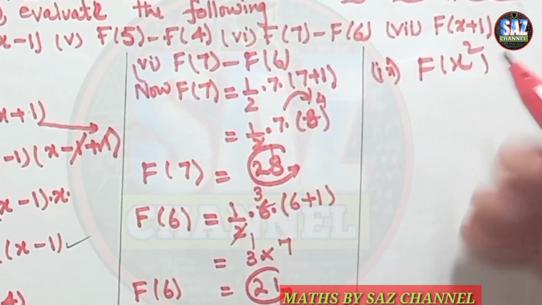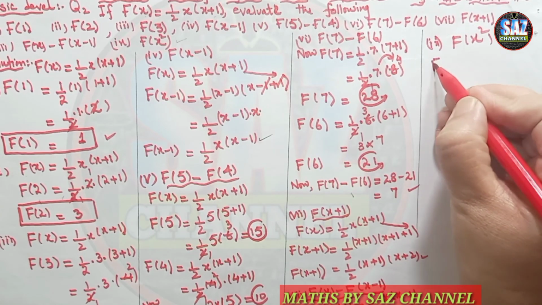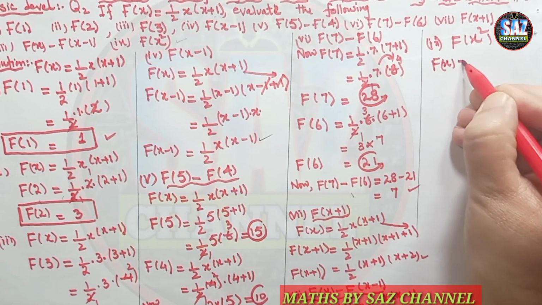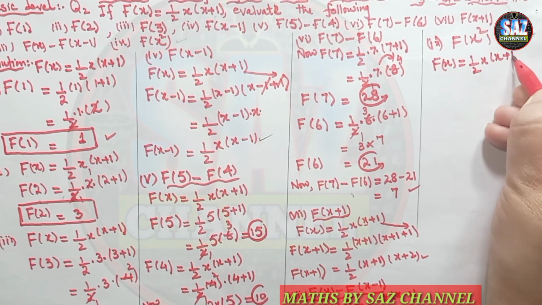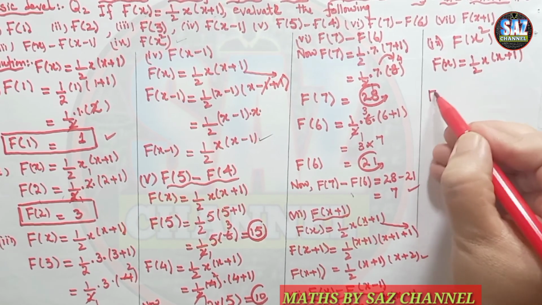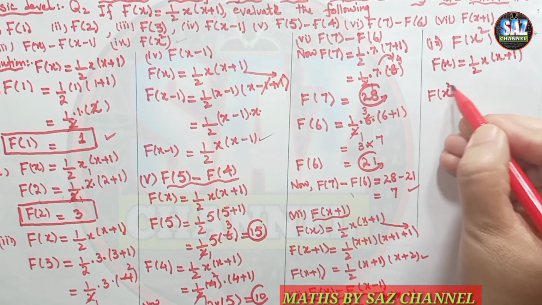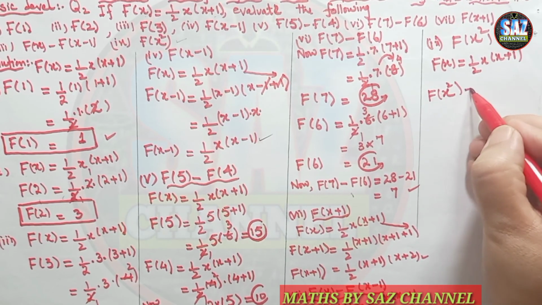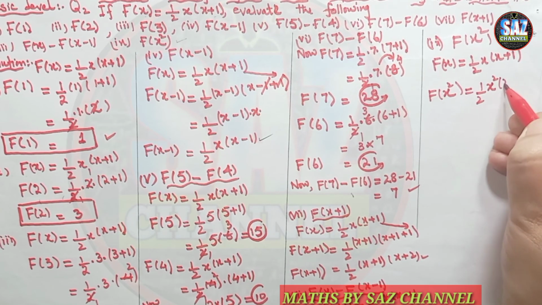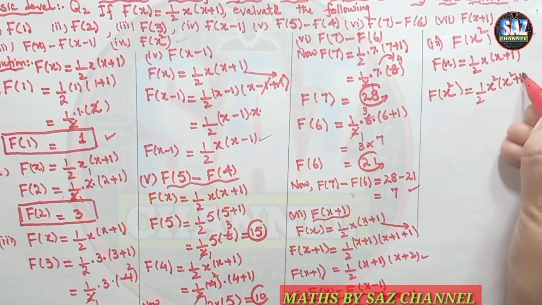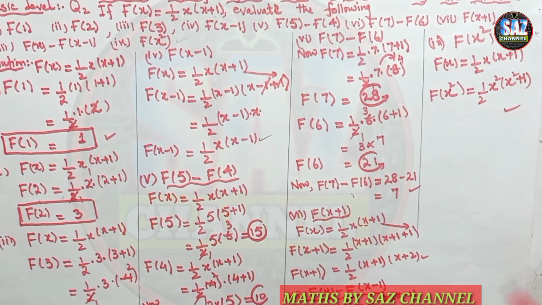Original function is f of x equals half x into x plus 1. Now replace the input by x square, and the right hand side will take the form half into x square and x square plus 1. I hope you are clear about this question.